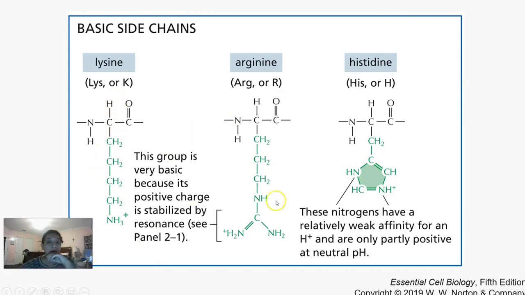And this group is extremely basic because it has a positive charge over here that is going to be stabilized in this case by resonance, and in this case because the nitrogens have a relatively weak affinity for the hydrogen protons, and they are only going to be partially positive at neutral pH.